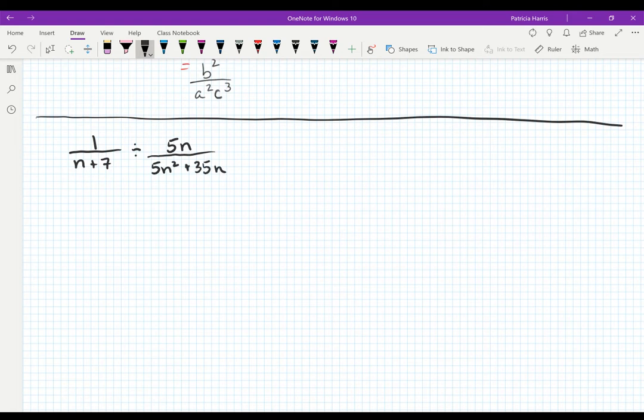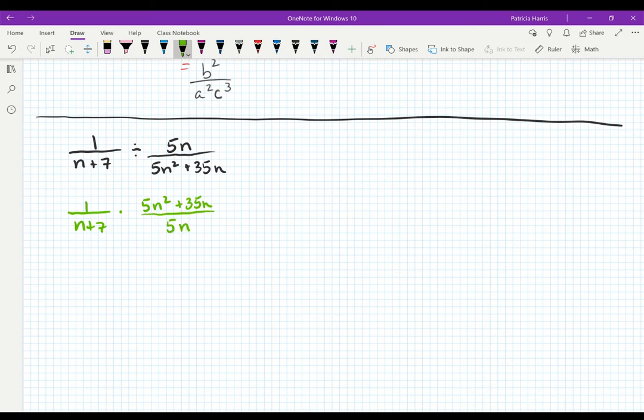Okay, so we want to ask ourselves, what operation do we have? This is division. No, I do not need a common denominator, but I do need to multiply by the reciprocal. So that my problem becomes 1 over n plus 1 times 5n squared plus 35n all over 5n.